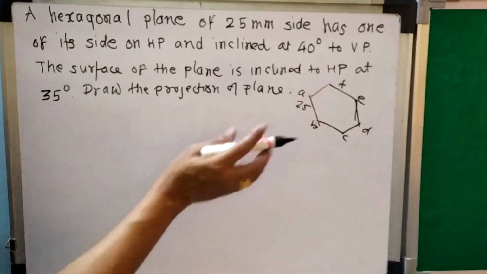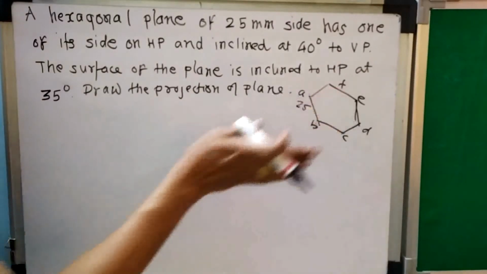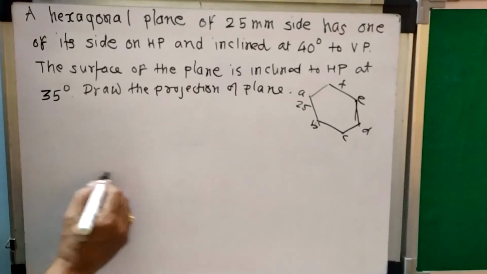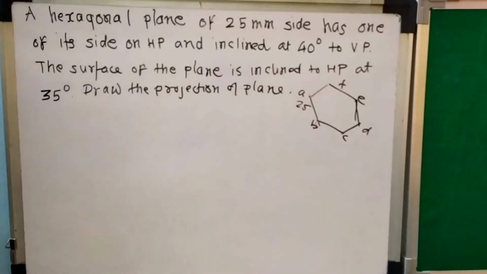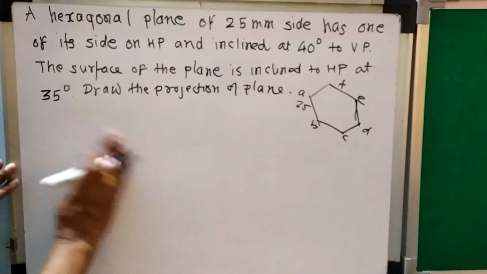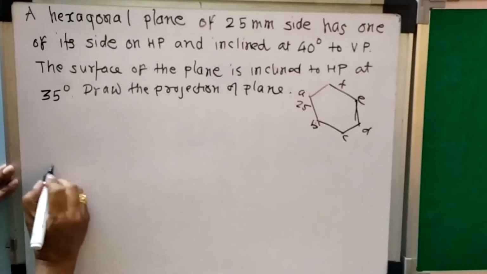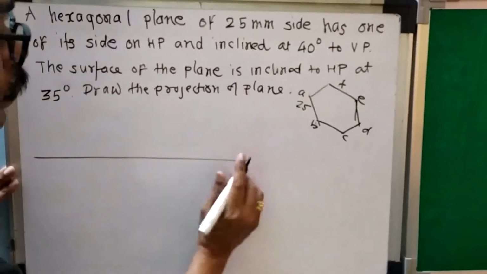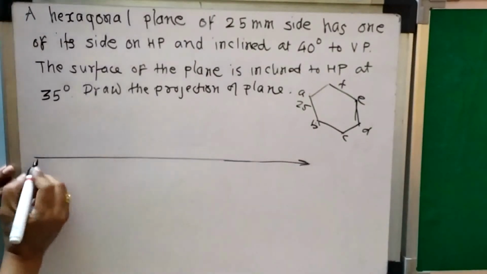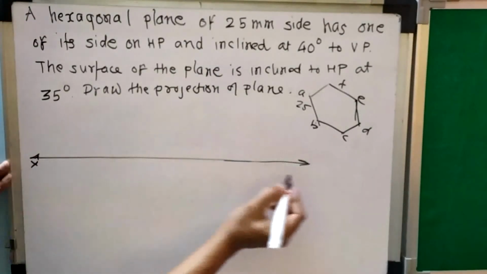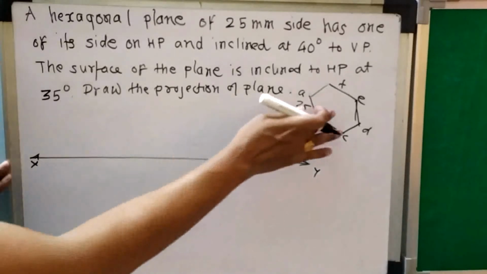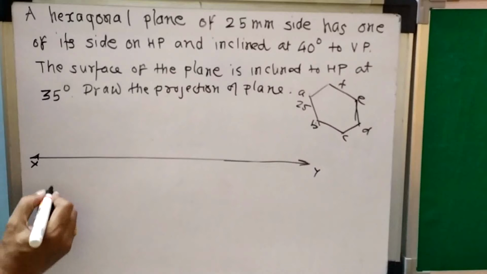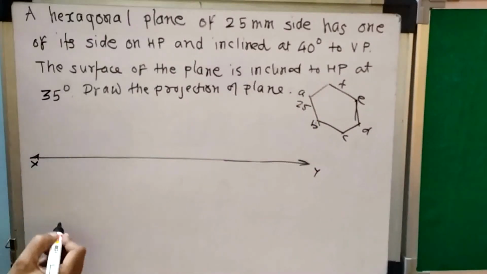So first I will keep this surface in the HP, with a true shape of the hexagon with AB as the resting side perpendicular to XY. My initial step: this is the XY line. I will lie down the surface in the HP, so in the HP I will have a true shape, with the AB side perpendicular to XY.